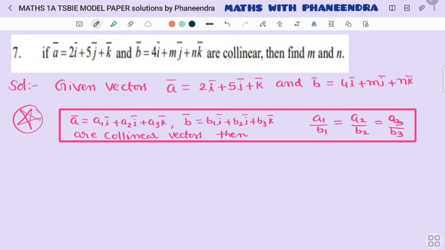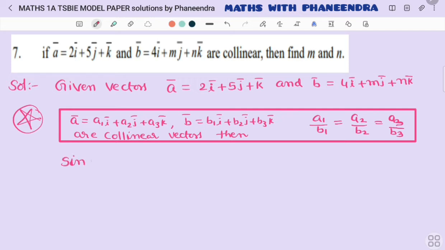Suppose the vectors are taken as a1i plus b1j plus c1k and a2i plus b2j plus c2k, at that time a1 by a2 equals b1 by b2 equals c1 by c2. According to my assumption I am writing here. According to your convenience, you write it, dear students. I hope you understand.